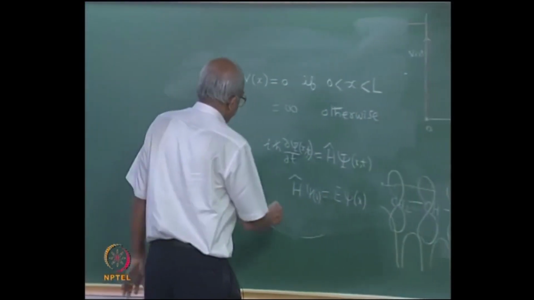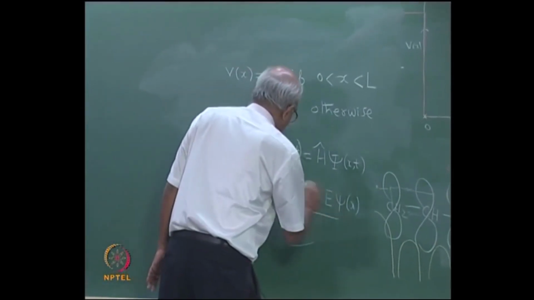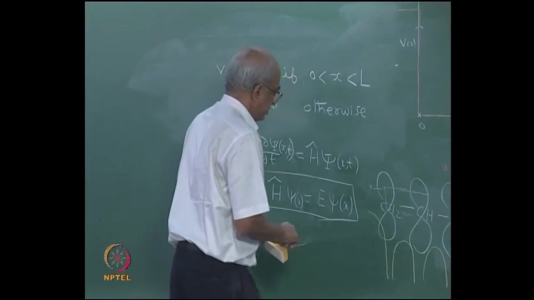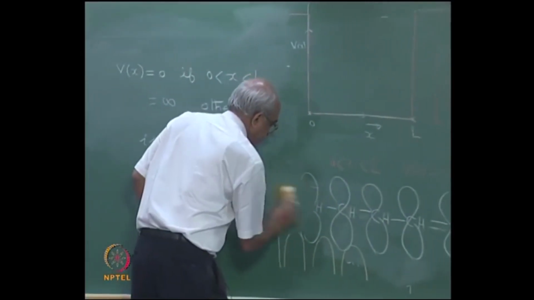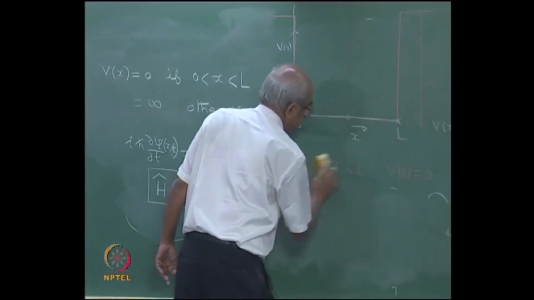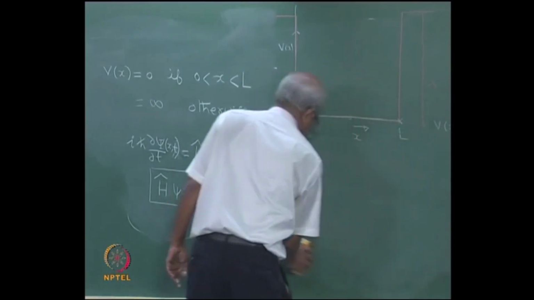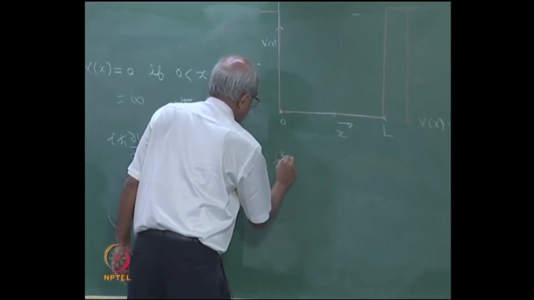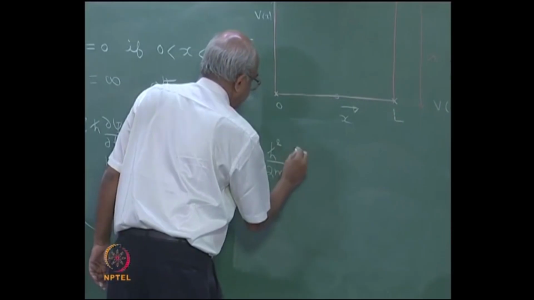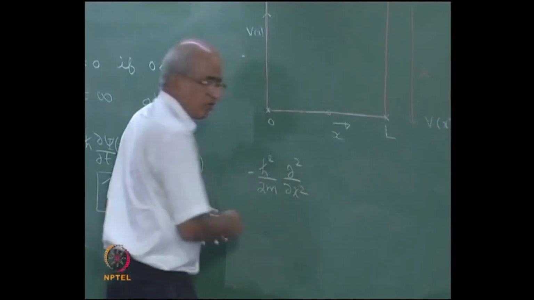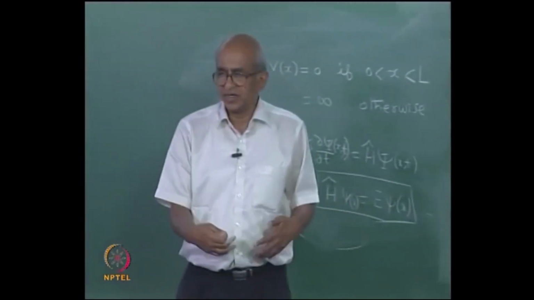So, now I have to solve this equation, and let me write it in a little more detail. What this equation says is minus h cross square by 2m dou square upon dou x square, because that is our operator for kinetic energy.